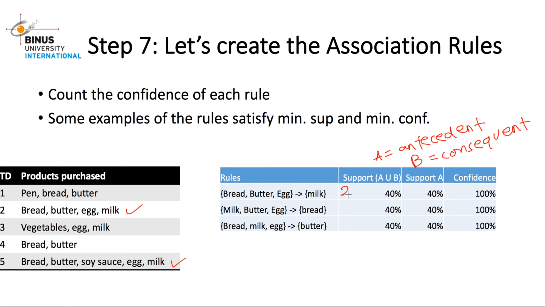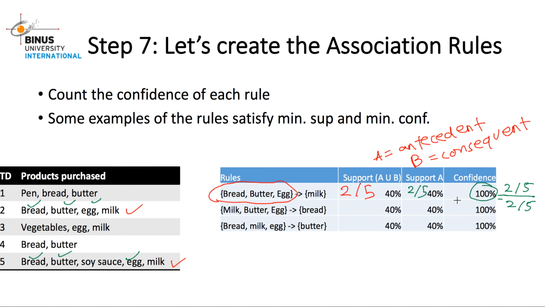So we have 2 out of 5. How about the support of the antecedent? This one only: bread, butter, and egg. I change the color. Bread, butter, and egg once, twice. So we also have 2 out of 5. This one divided by this one: 2 out of 5 divided by 2 out of 5 equals 100%.